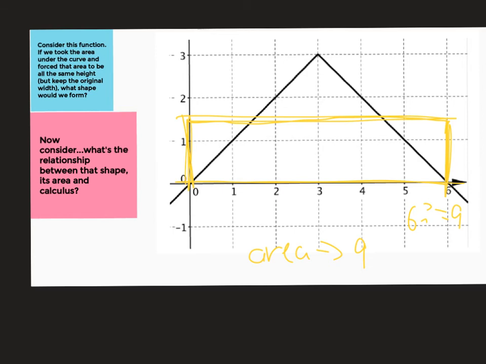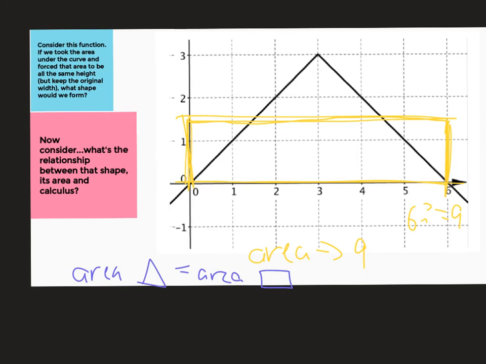Let me write this down so I don't confuse things. So the area of the triangle is equal to the area of the rectangle. Those are equal because we kind of built them that way. We forced the height to be 3/2 because we want all the same height but the same area. And we'd form a rectangle.